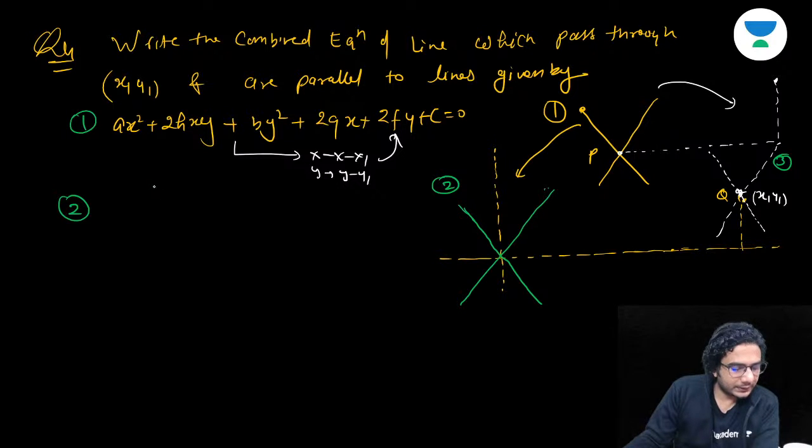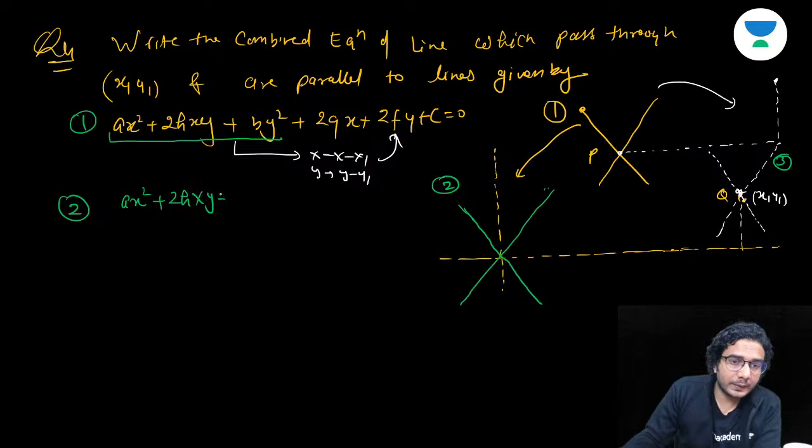Yes, Raghav. So first we'll write this 2-degree homogeneous part. This represents two lines parallel to the given lines. The combined equation of lines parallel to the lines given by 1 and passing through the origin is given by ax square plus 2hxy plus by square equal to 0. So now we have got the equation of this pair.